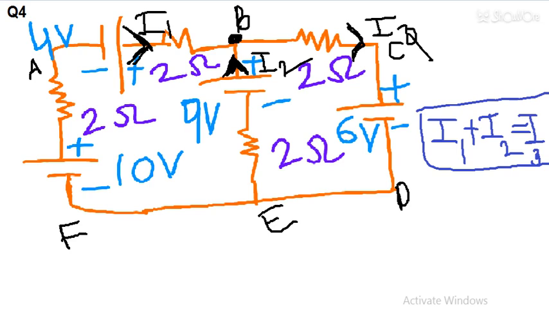Now students, I am going to take one closed path: A, B, E, F, A. This is the first path I have taken.